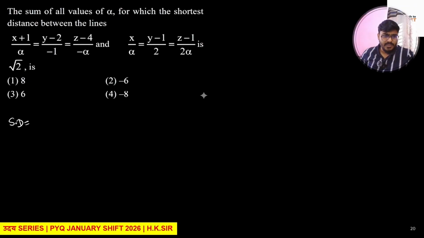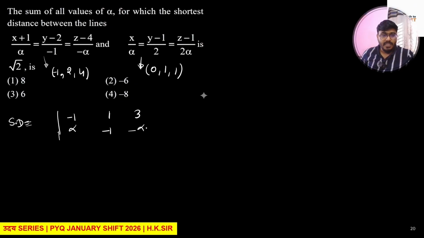Directly you can use the Cartesian form of shortest distance, that is x2 minus x1, meaning point on this line minus point on this line. Point on this line is minus 1 comma 2 comma 4. Point on this line is 0 comma 1 comma 1. So this minus: minus 1, 2 minus 1 is 1, 4 minus 1 is 3. Here the direction vector is alpha, minus 1, minus alpha.